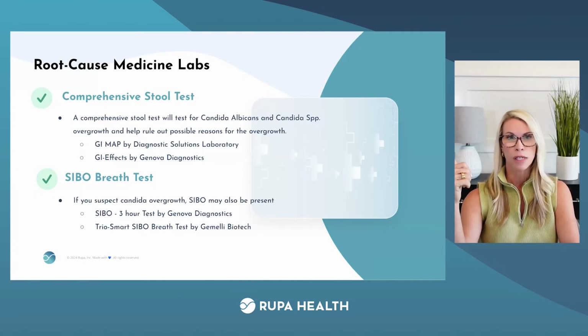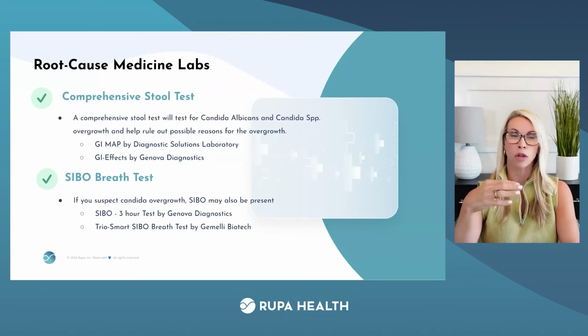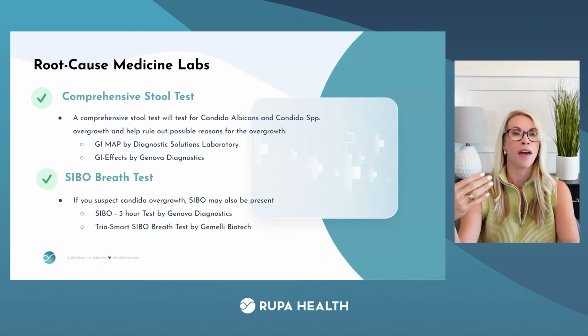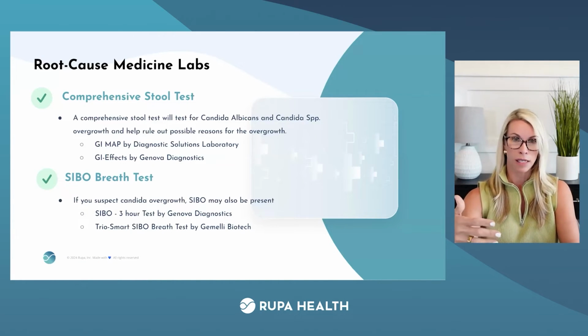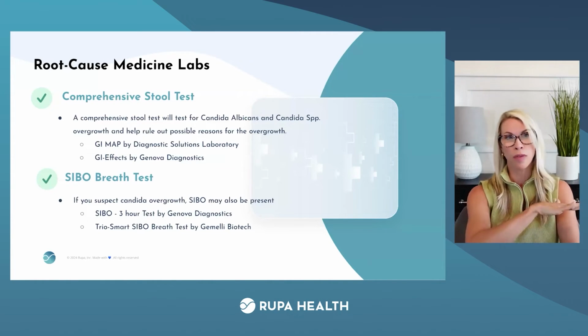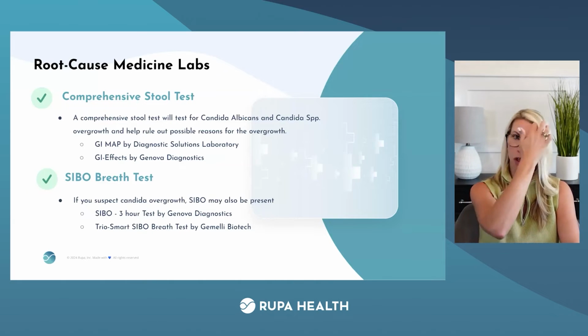You might also see that the steatocrit, which is a marker of how well you're digesting and absorbing fat, might be elevated. You also might see an elastase level, which is one of the pancreatic enzymes, that may be low. So all of that sort of paints a picture of hypochlorhydria.